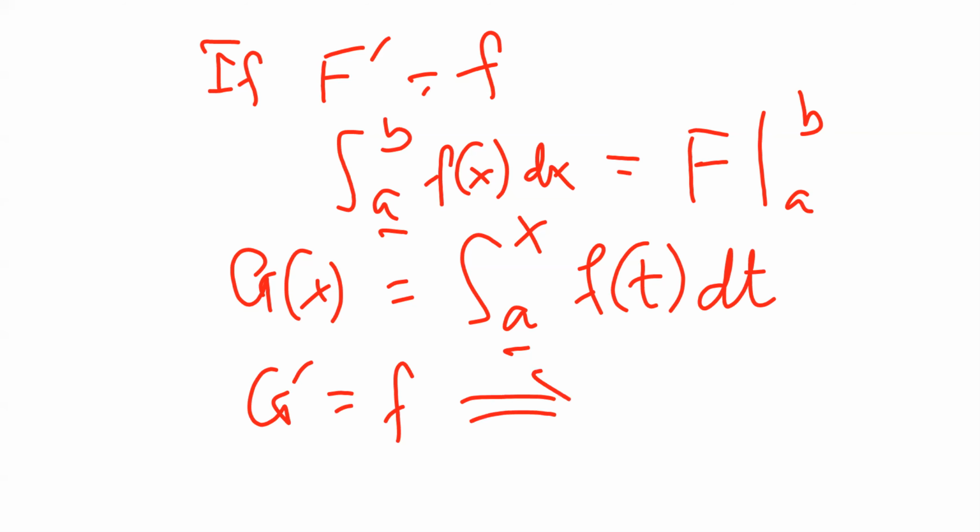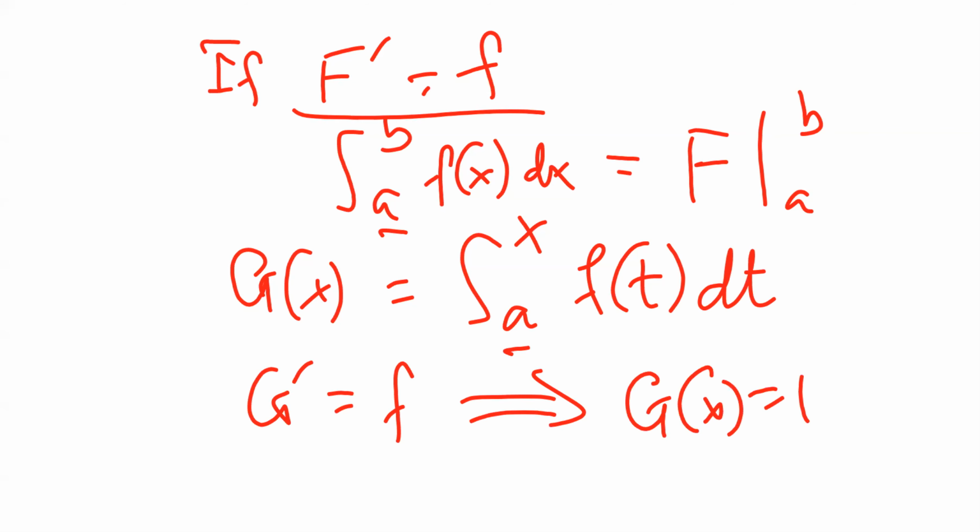So capital F and capital G are both antiderivatives of f. Therefore, they differ by a constant. So G(x) is going to be F(x) plus C for some constant C. This is the theorem that we had earlier about indefinite integrals.